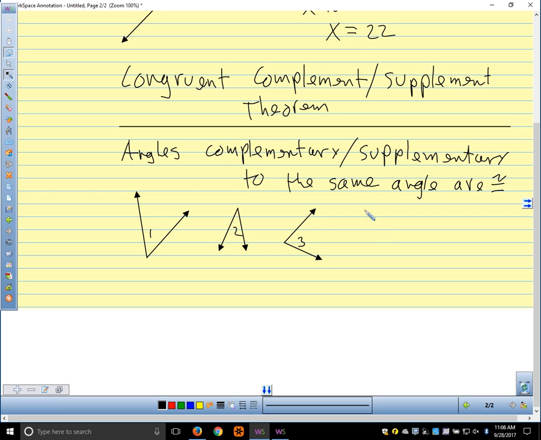And we're going to be given that angle 1 and angle 2 are complementary. We'll do the complementary part.